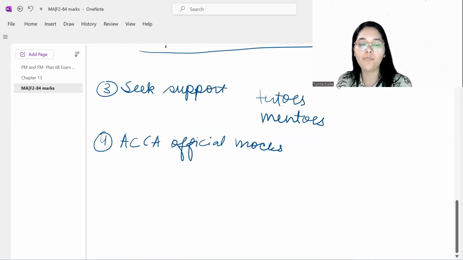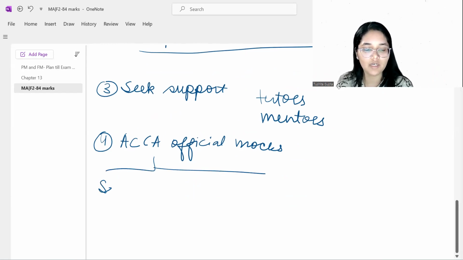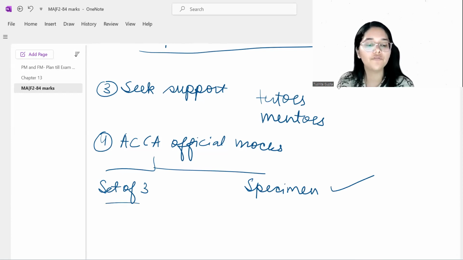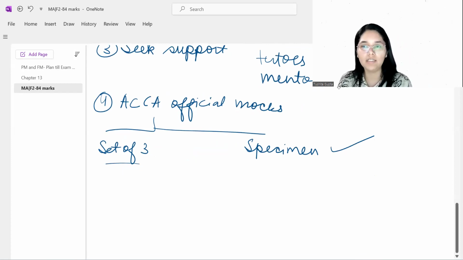Usually it's a paid facility. There are two types of mocks: one is the set of 3 mocks that ACCA provides, and the other is the specimen exams. The specimen exam is available free of cost, but the set of 3 is chargeable by ACCA. You can go to your My ACCA and purchase these and practice these mock exams. We also provide these mock exams. If you want, you can DM us.